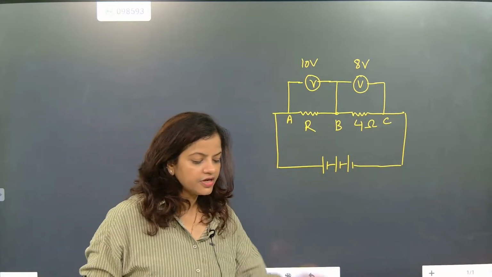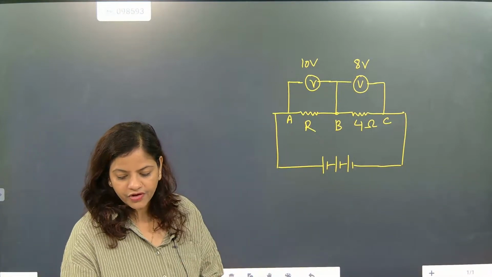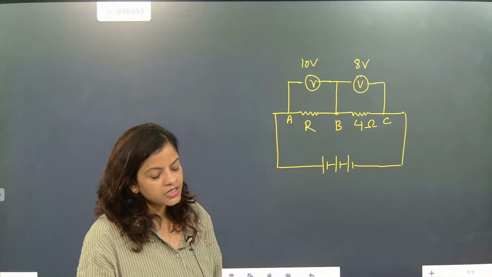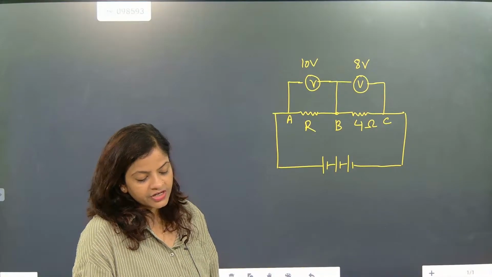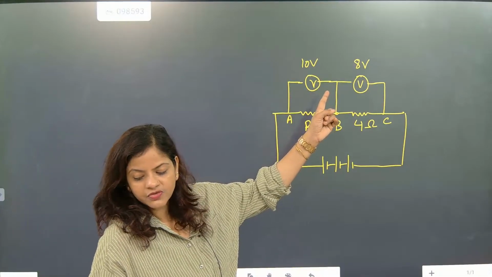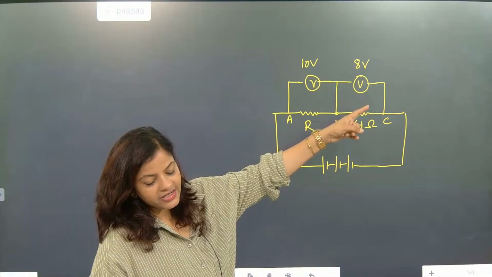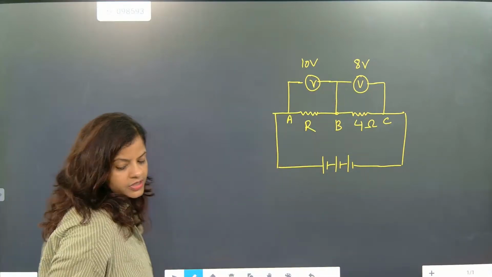After drawing the circuit, consider the circuit as shown in the figure. Consider the circuit as shown in the figure. The voltmeter on the left side reads 10 volt. The voltmeter on the left side is reading how much volt? 10 volt. And the right side is reading how much? 8 volt.